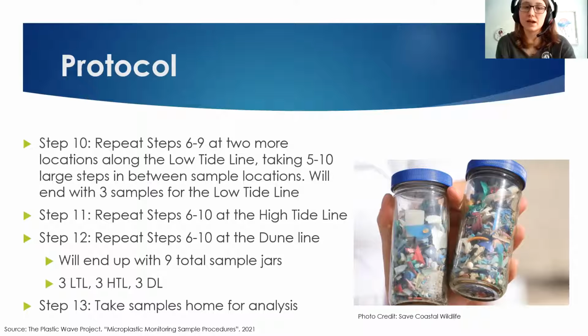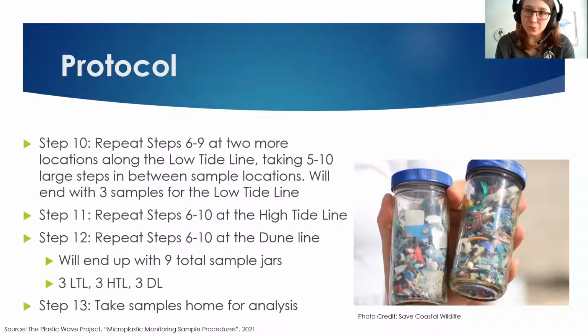So it's a subsample of 3 for every square. And again, you want to take just the surface sand, like the top inch or so. After you scoop, sift, dump, scoop, sift, dump, scoop, sift, dump, you have finished your first collection. So again, there are 9 jars because you're sampling 9 different locations: 3 at the low tide line, 3 at the high tide line, and 3 at the dune line.